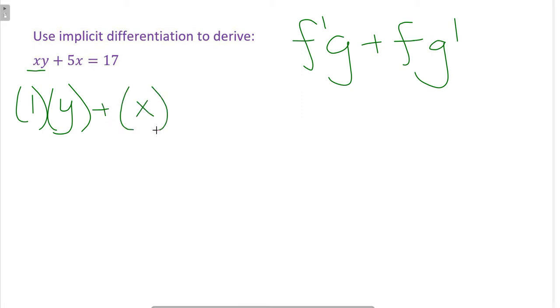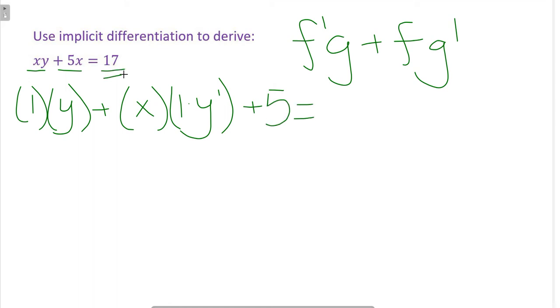Now I derive y. So the derivative of y is 1 times y prime, because we derived. We have to put the y prime to indicate I took a derivative of a y variable, or something other than x. Okay? Keep deriving like normal. Derivative of 5x is plus 5. And the derivative of any constant is 0.